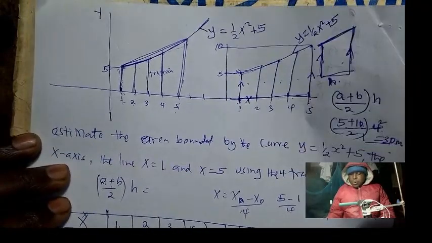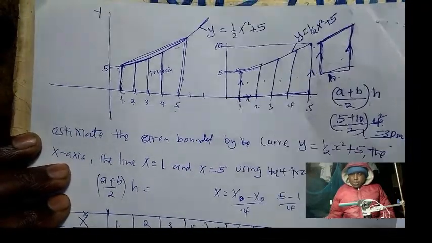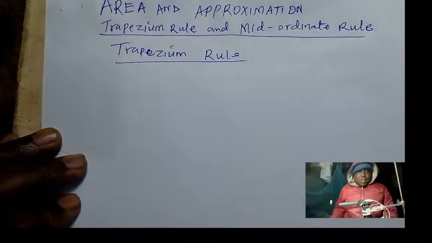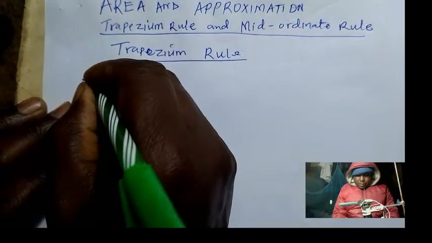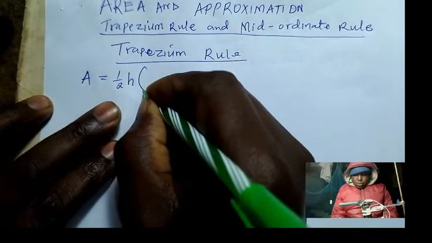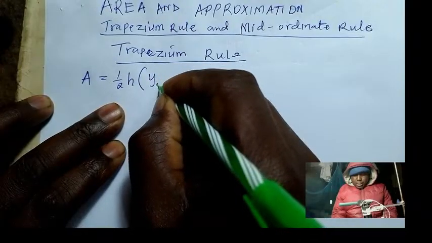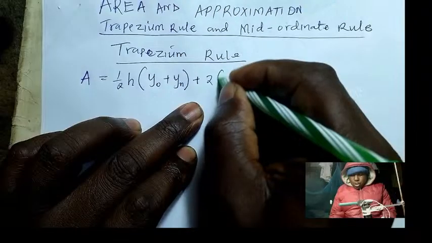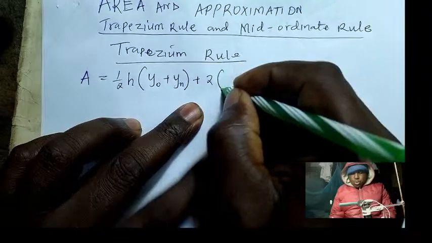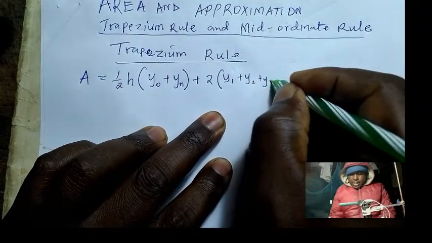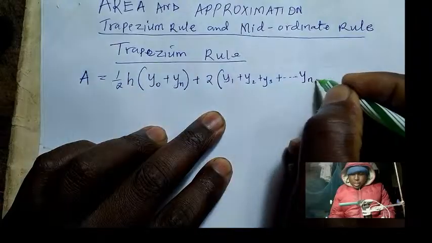So that's why, because of this error, we had to introduce the trapezium rule. So how does the trapezium rule state? Area using the trapezium rule is equal to a half h into the bracket y naught plus yn, close the bracket, plus 2 into the bracket y1 plus y2 plus y3 up to y is equal to n minus 1.